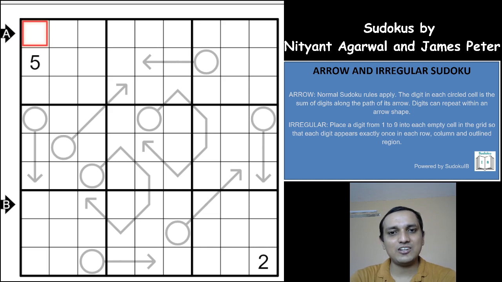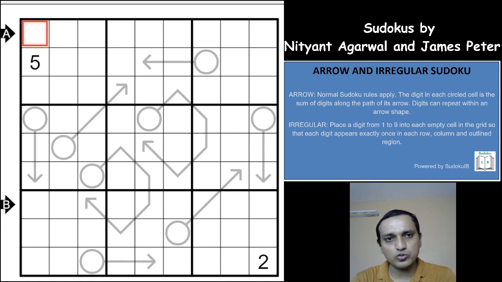Ashish here, and today I'll be covering two Sudoku variants in a single video. Both of these Sudokus were featured in the recent Sudoku Mahabharata contest named Irregular and Math Variants, authored by Nityant Agarwal and James Peter. It was an excellent contest, the last SM round, and I gave it myself.